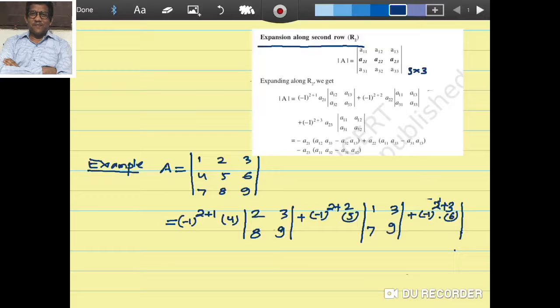Now multiply the determinant obtained by deleting second row, third column, 1, 7, 2, 8.